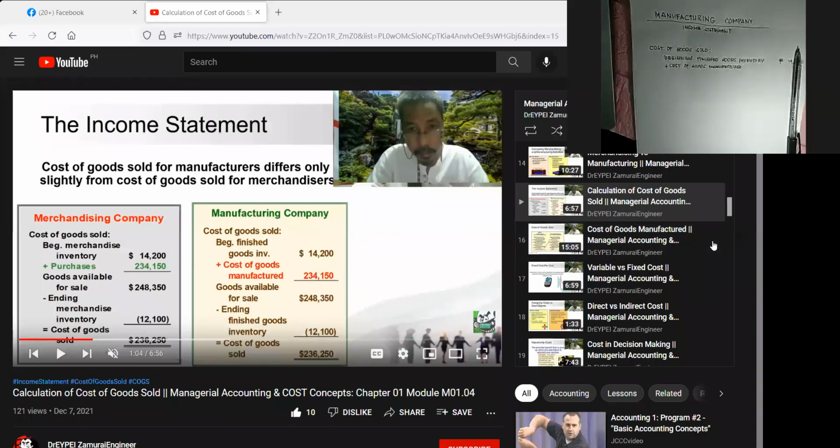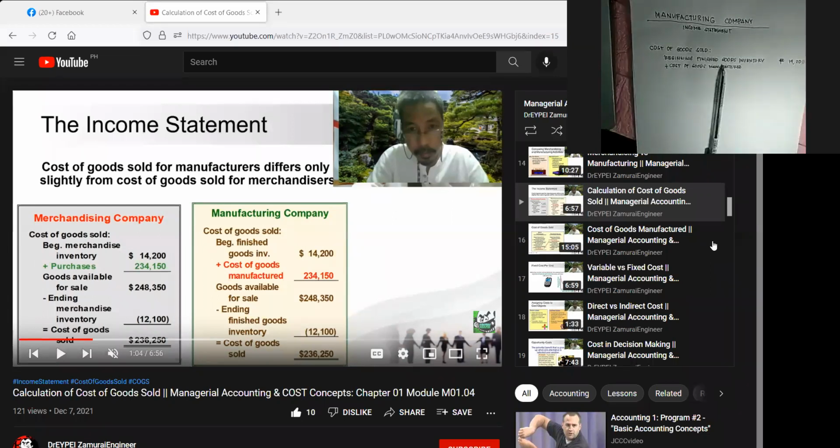So, we have now what? The second entry on the income statement. First entry, beginning finished goods inventory, and then plus, meaning we have to add the cost of goods manufactured, the amount, which are what?